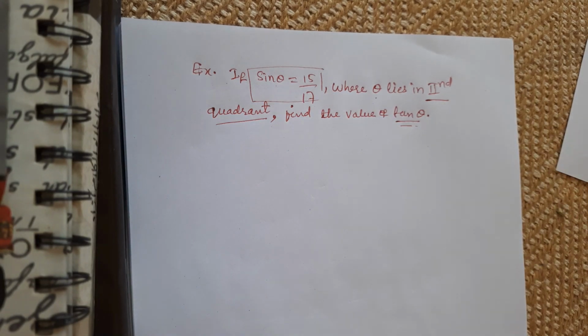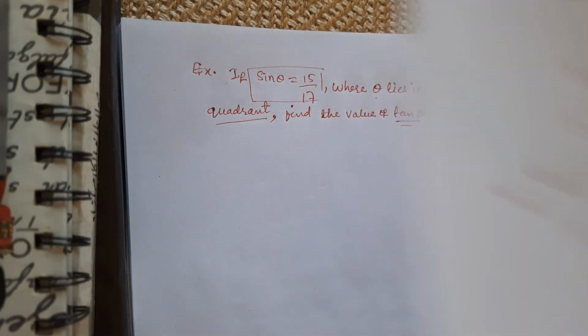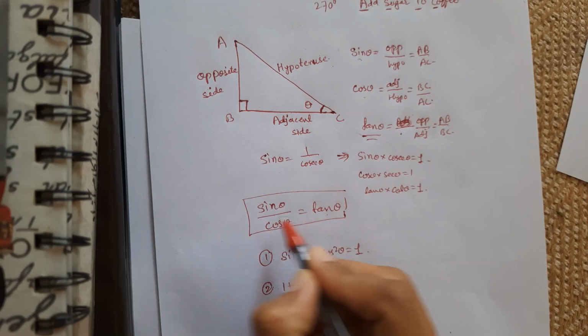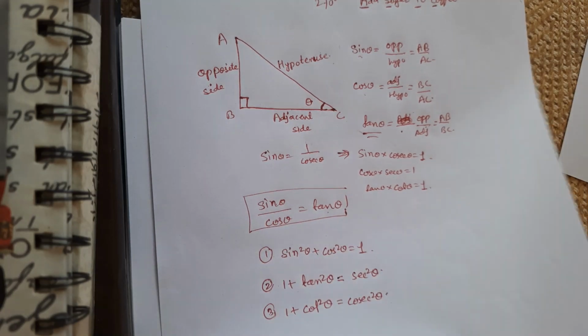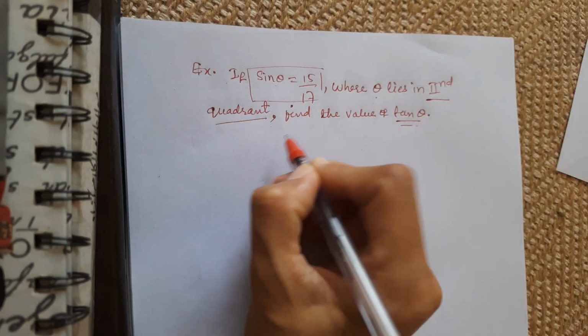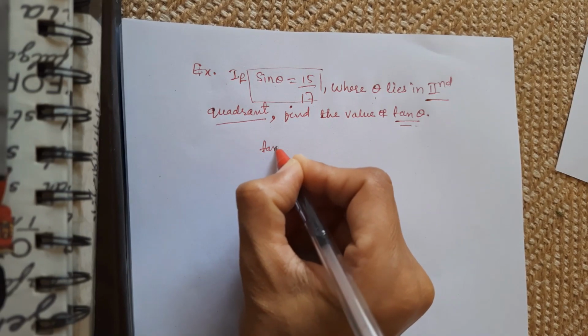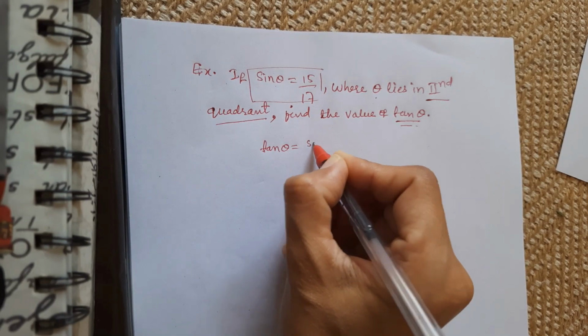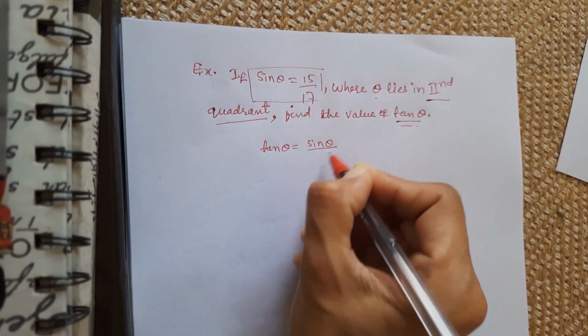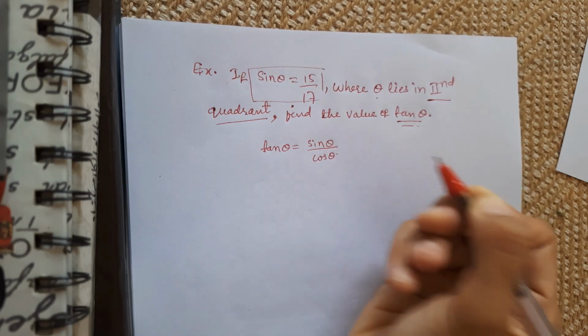We have seen the relationship that tan theta is equal to sin theta upon cos theta, so we can find tan theta using that formula.